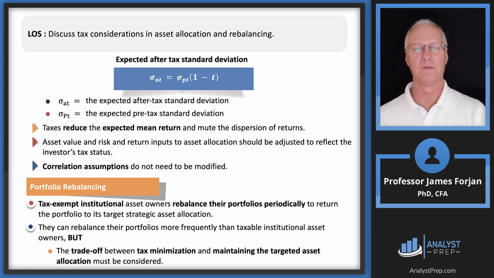Taxes reduce the expected mean, and they lower the dispersion or the standard deviation of returns. So we should consider that not only in our tax-efficient planning, but also down at the bottom under portfolio rebalancing. So what are we going to do under rebalancing? We want to minimize our tax, but we also want to maintain our strategic asset allocation.